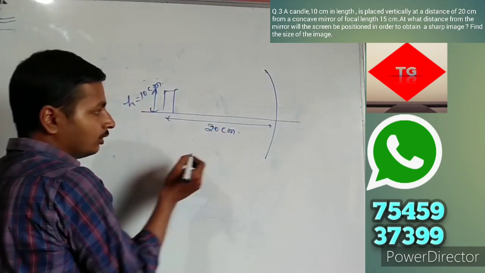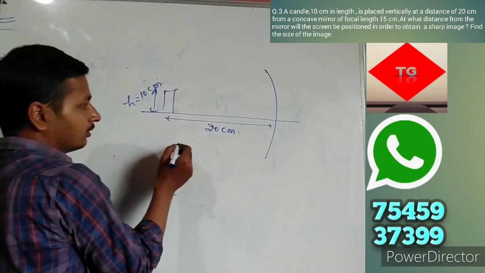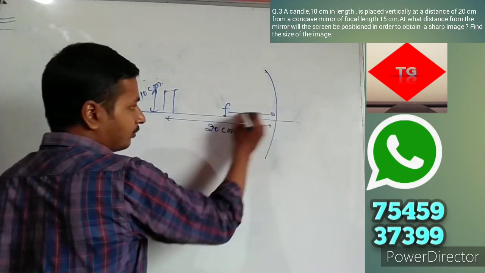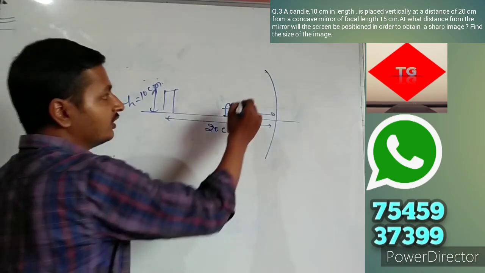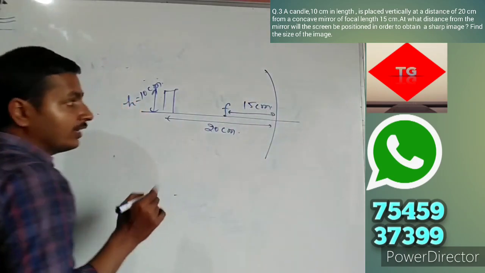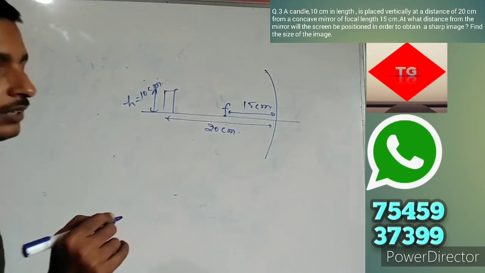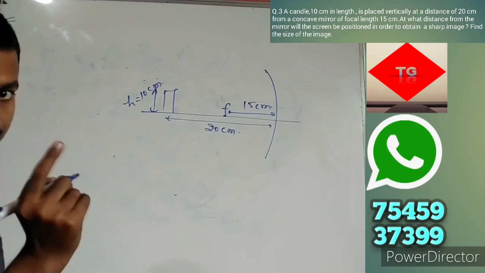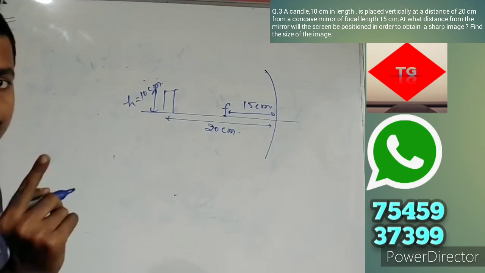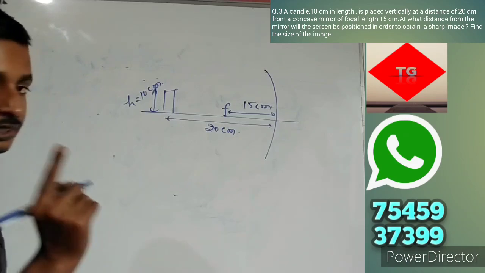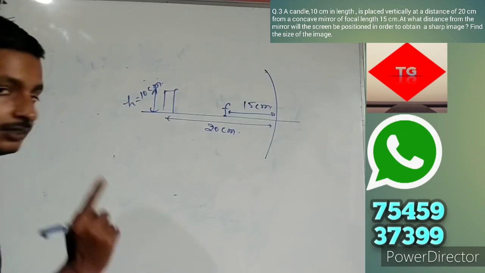And the focal length of that mirror is 15 centimeter. Here you have to calculate the image distance, that is, where you will find the actual image of that object.